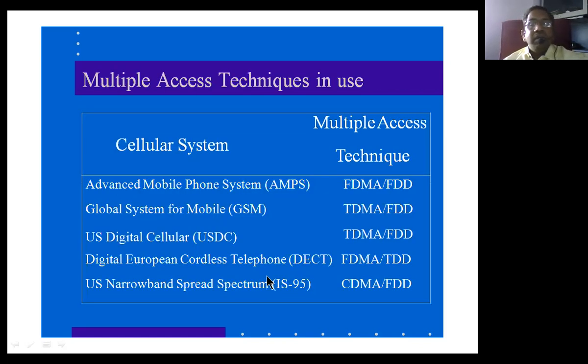So finally, we have all these kinds of cellular systems practically in the real-time world. Advanced Mobile Phone System, the AMPS system. This is the system which we have after the landline systems, only for voice communication.